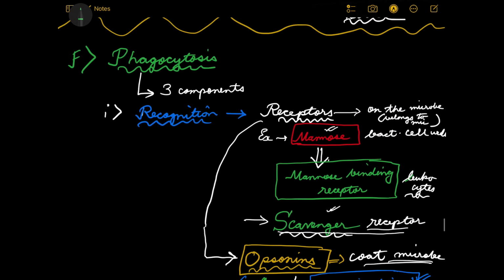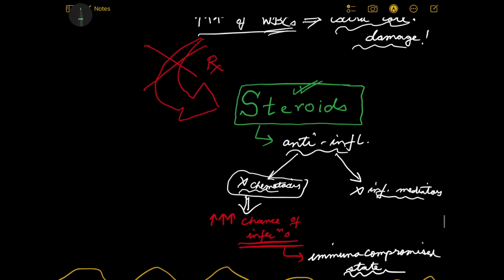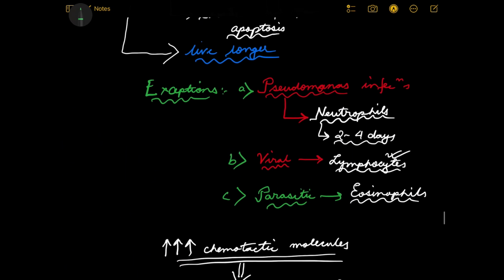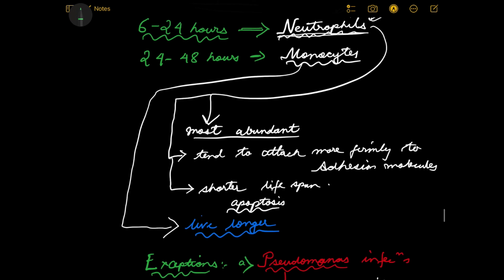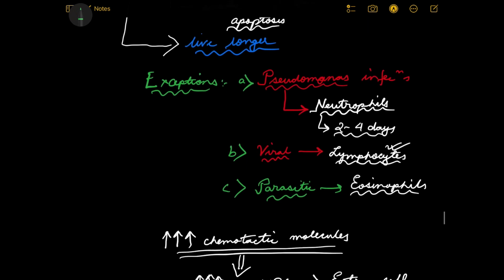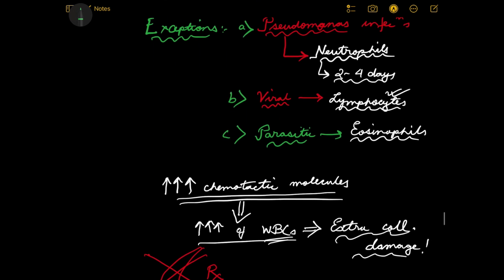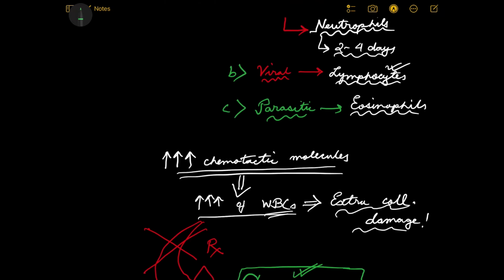Transmigration, diapedesis, obviously the WBCs got out, and then started the extravascular cellular changes of the inflammation process.